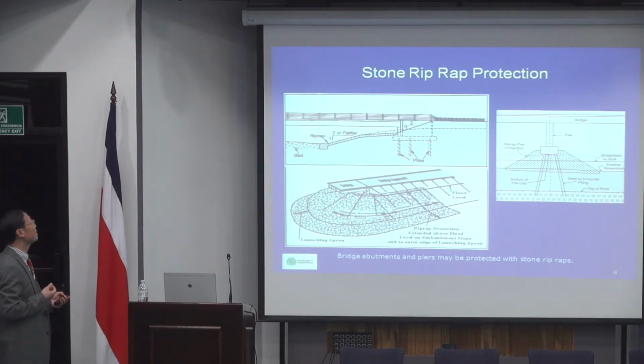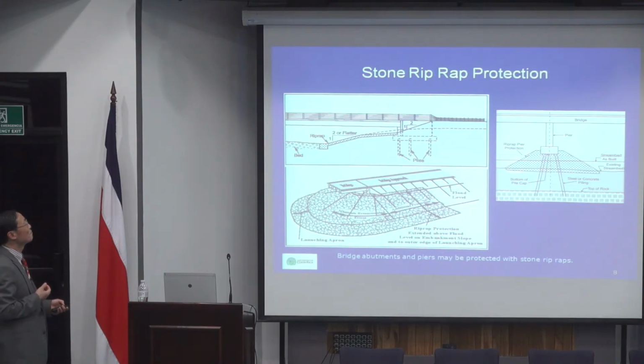When you do riprap or when you do the design, make sure you have sufficient cover for the abutment so that water will not be able to wash out behind the abutment, not only in front of the abutment. So that additional riprap is very essential. For the piers, it's the same.